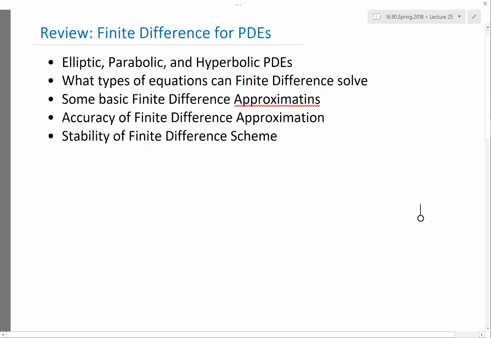You don't need to understand the exact mathematical definition, but the practical difference is that an elliptic partial differential equation has a domain of dependence of everywhere. That means if you change the coefficient, the right-hand side, or the differential operator of the PDE anywhere in the space domain, usually elliptic PDE doesn't have time, right?